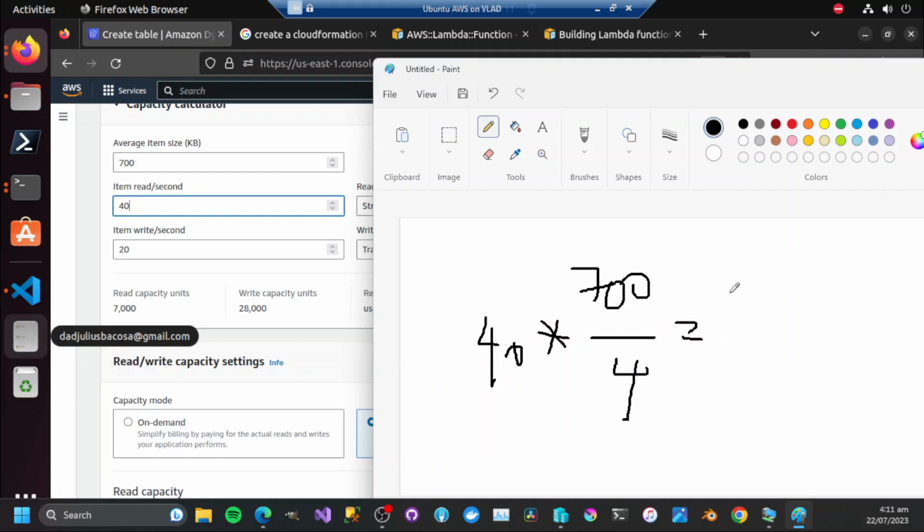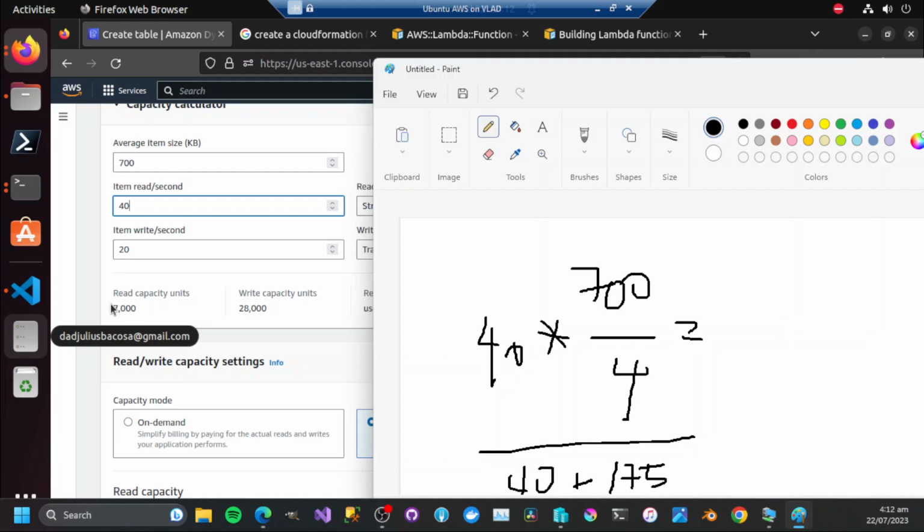This is for strongly consistent read. 700 divided by 4 is equal to 175, and then 175 times 40 is equal to 7,000.